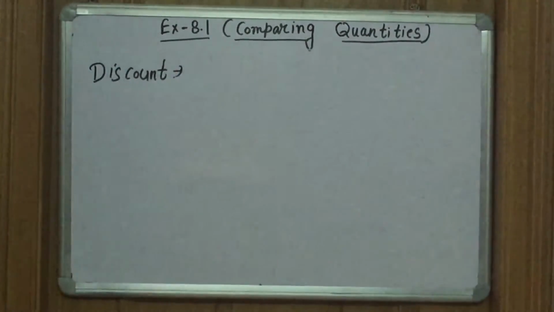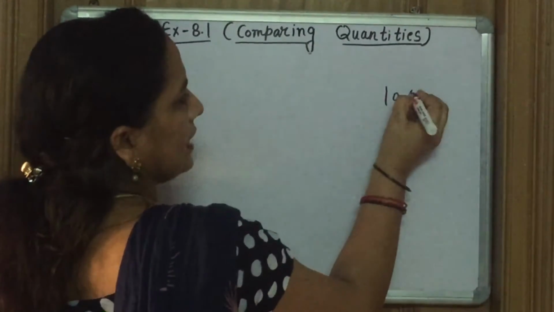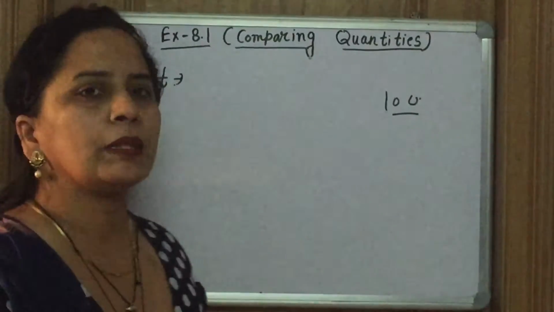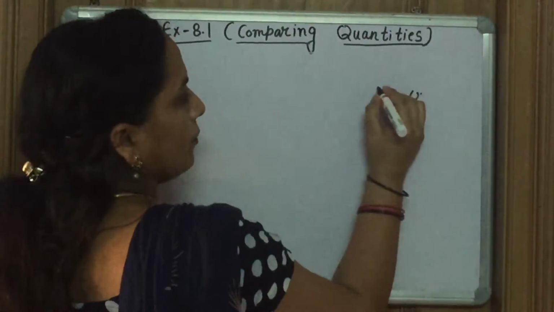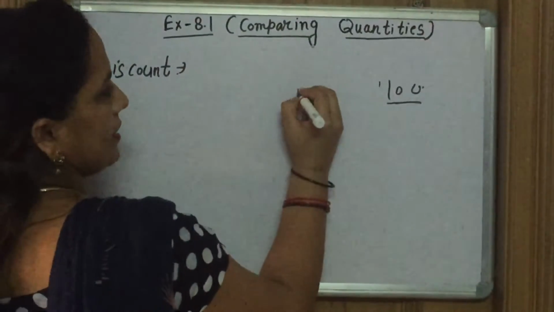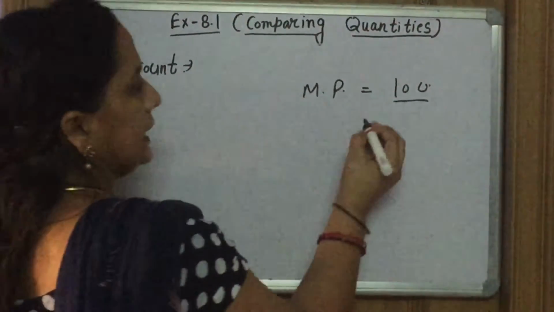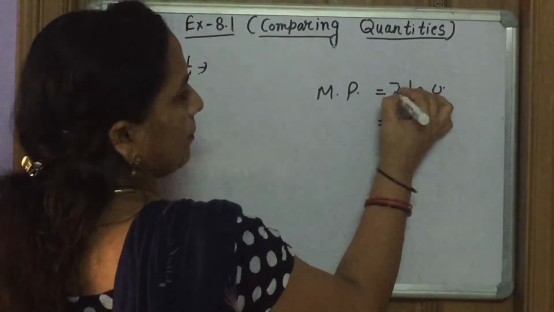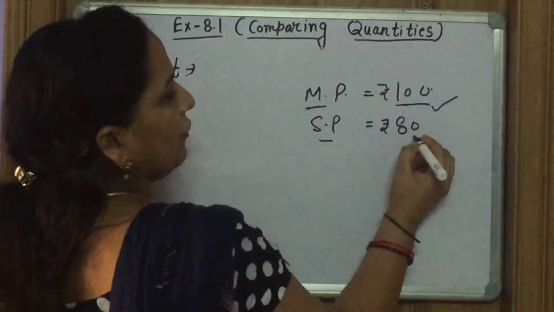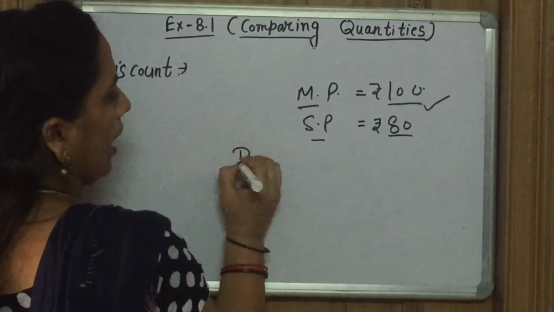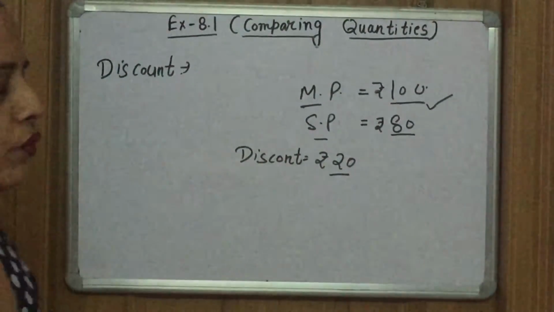For example, if you purchase any book from the market and its marked price, the price which is written on that article, is 100 rupees, and if the shopkeeper gives you that book at a selling price, that is SP, of 80, then you can say that I got a discount of rupees 20.